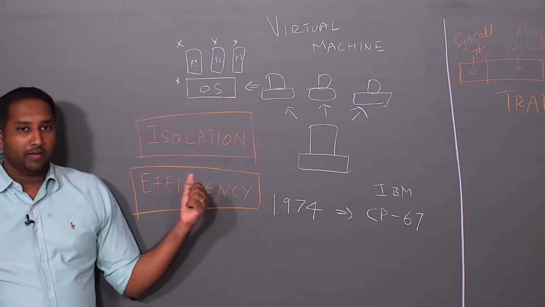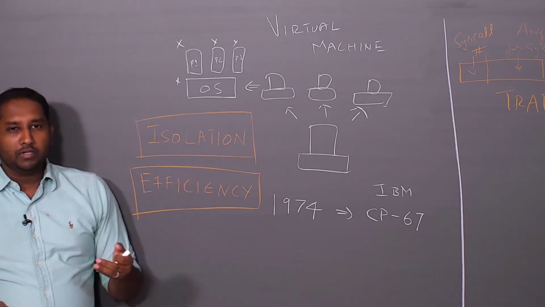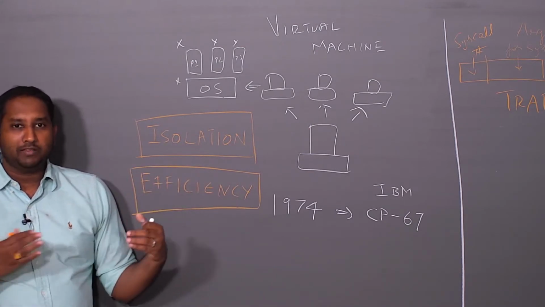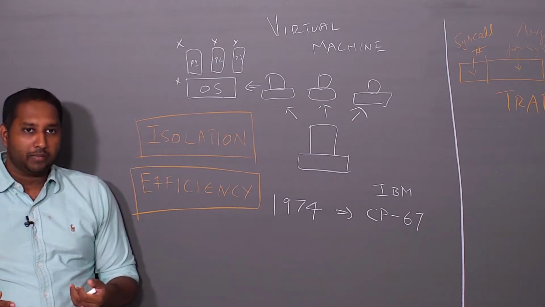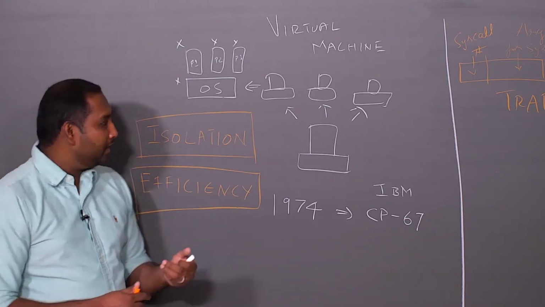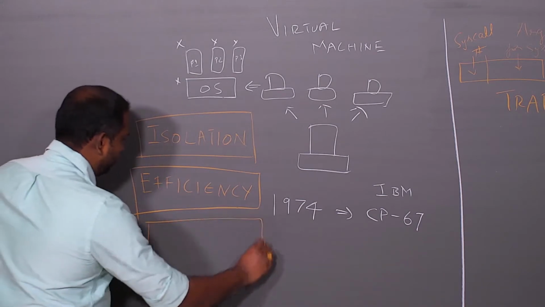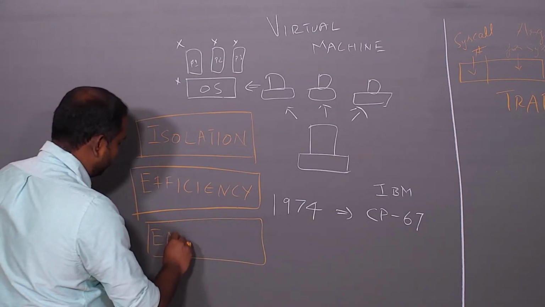You want to have efficiency so that to the person who's using the virtual machine, at least most of the time, it seems as if they're running on the actual hardware. Okay. Another important property is encapsulation.